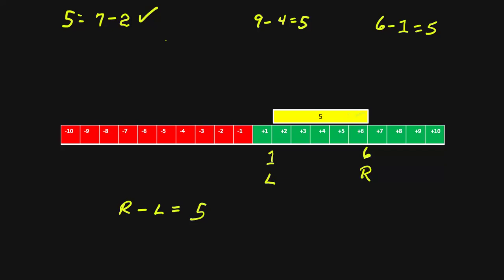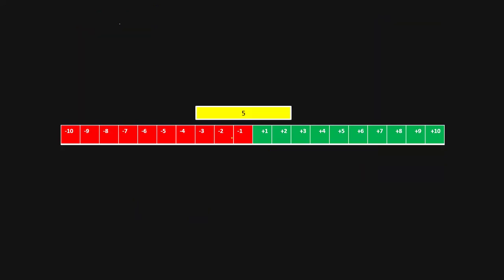So now we're going to go to this next situation here. And here we have 2 here and -3 here. We can count the boxes 1, 2, 3, 4, 5. So we know that distance is 5, but we need to be able to show that mathematically.